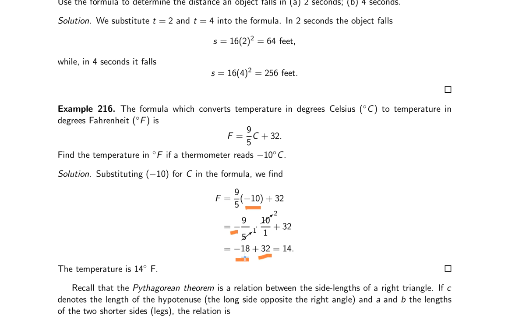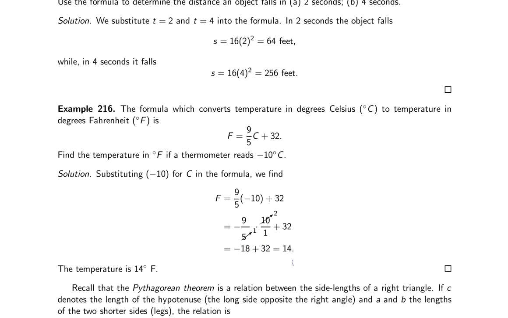Plus 32. Okay, we're adding signed numbers. They have different signs, so subtract the absolute values. 32 minus 18 is 14. Use the sign of the number with the bigger absolute value. That's positive. So the answer is positive 14.